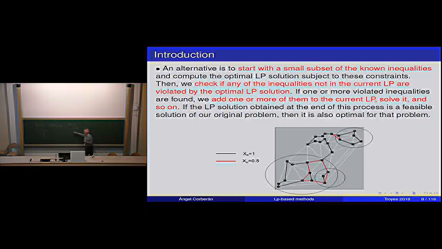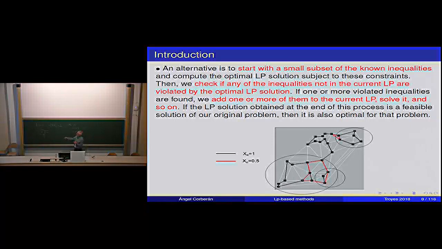We just put these inequalities, we solve the linear program, and we obtain a solution like that, in which black edges in the drawing mean that the value of the associated variable is 1, and the red ones mean 0.5.